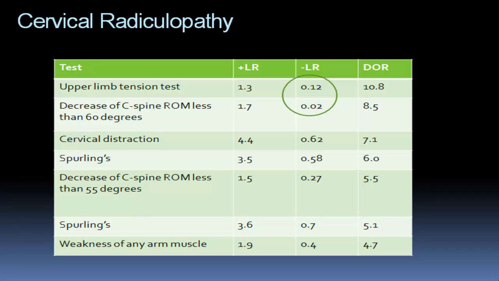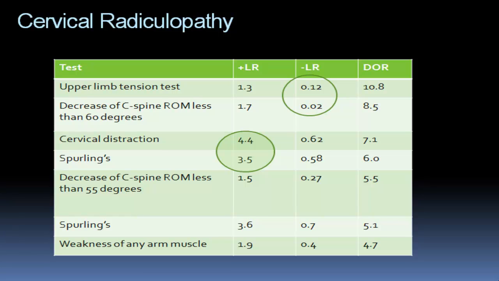And the opposite, those that are highly specific with high likelihood ratios. Based on this and our understanding that tests with good negative likelihood ratios, especially those lower than 0.1, are good at screening for a disorder, we can use these to screen for cervical radiculopathy.